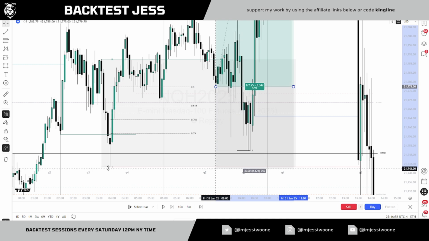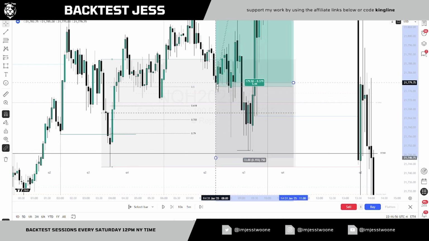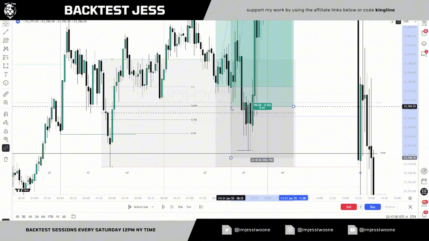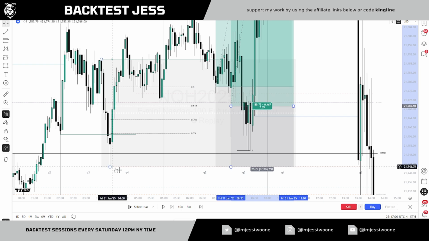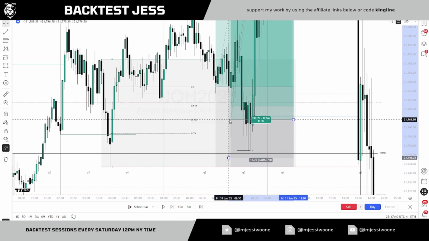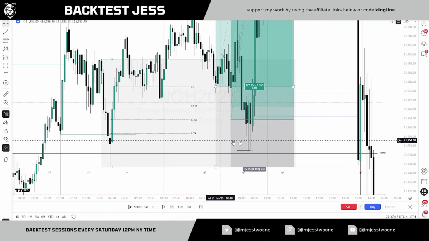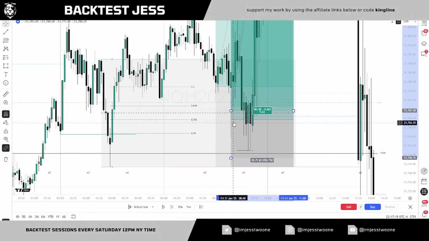This is the wrong low. .618 is entered there. Jeez. 0.79, same candle. Or sorry, 0.705, same candle. And 0.79, also same candle.